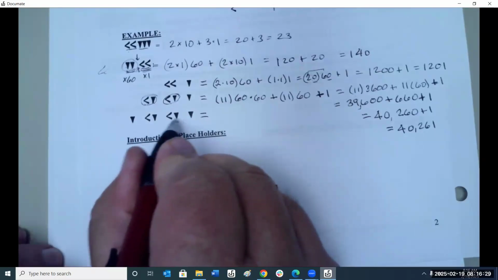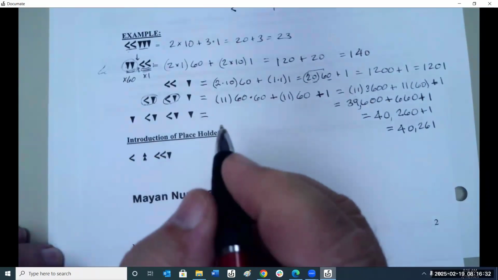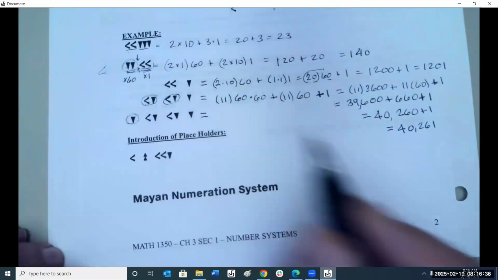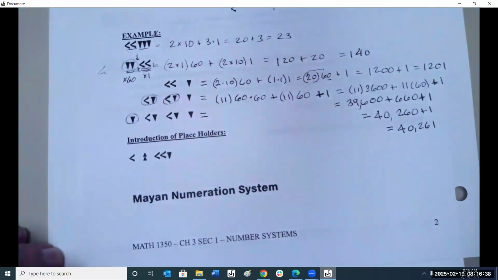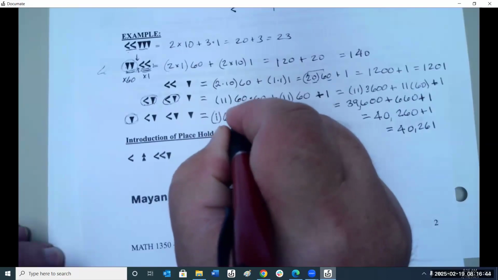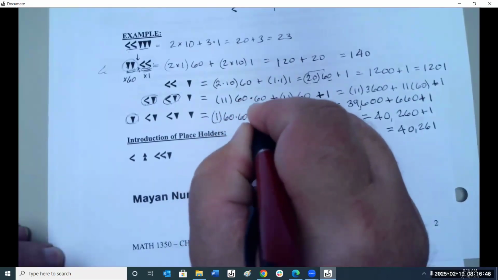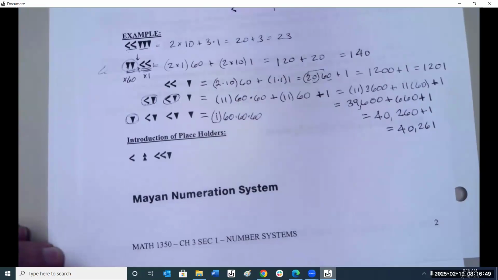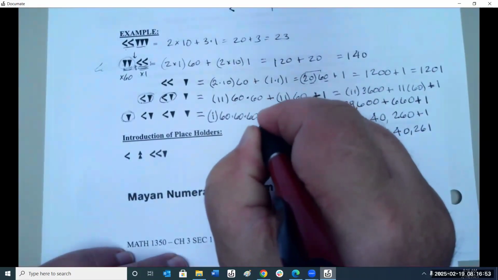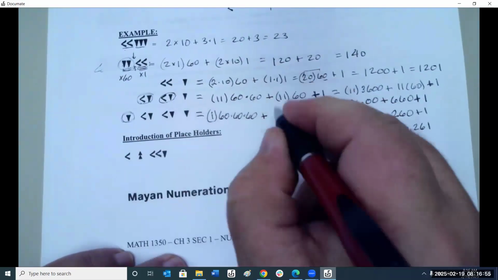About this last one, this third one. How would you write this one? 1 times 60 times 60 times 60. Yes, right. This is where you would introduce exponents, because once you get so far. And the next one would be 10 plus 1 is 11.